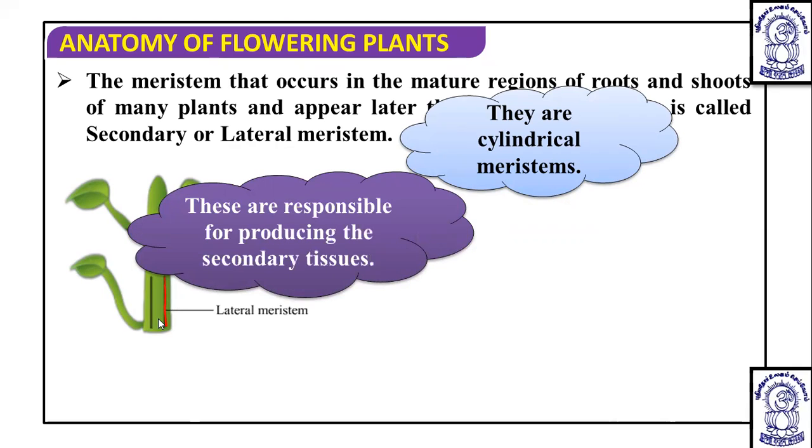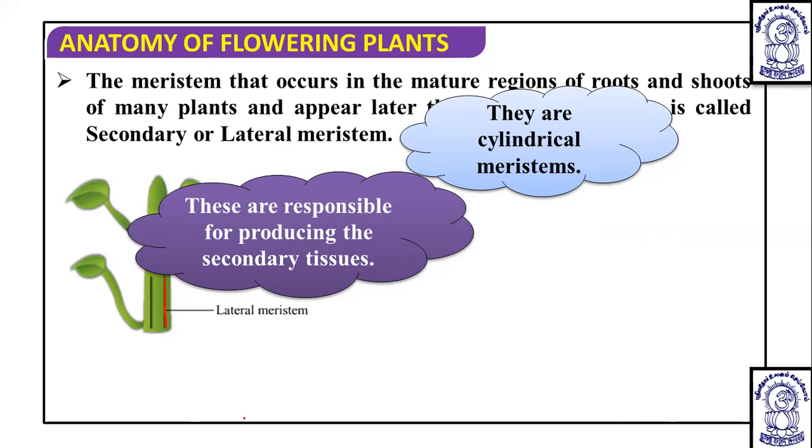They are responsible for producing the secondary tissues, means they are helping in the secondary growth. When secondary growth occurs, the secondary xylem and secondary phloem are getting produced. This secondary xylem and secondary phloem are produced by the activity of these lateral meristems. Other secondary tissues are also present that we will discuss.